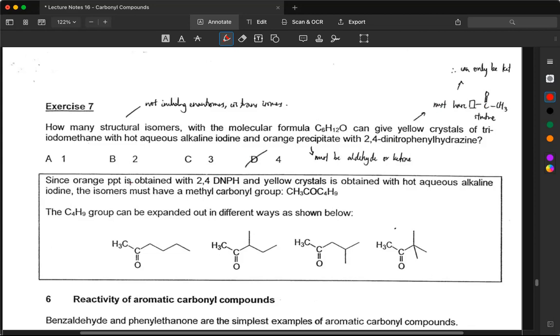Since orange precipitate is obtained, the isomers must have a methyl carbonyl group. So it can be expanded in different ways. It could be something like this, like this. So you can keep on branching out, here or here. So 4 different ways.